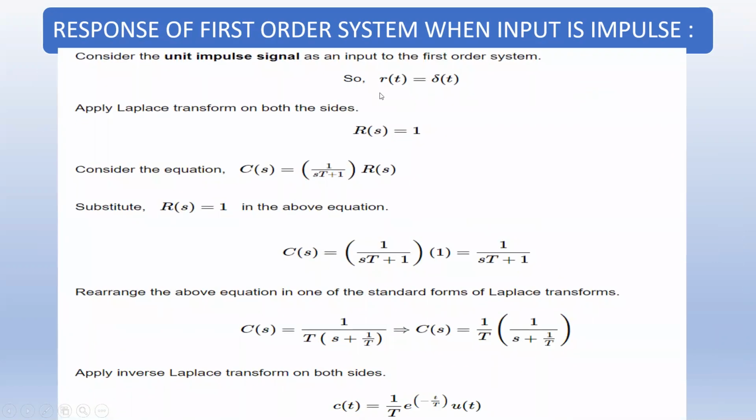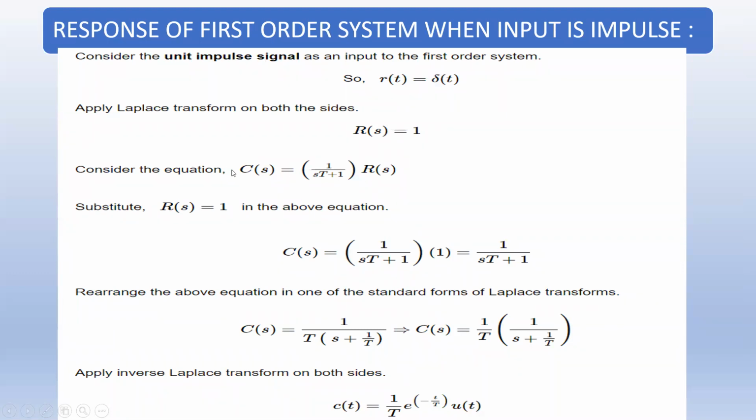If we apply an impulse signal to this first order system, we already know that an impulse is a signal with Laplace transform equal to 1. An impulse signal is nothing but a signal with an area of one under it, and we already discussed that if we apply the Laplace transform, we get 1.